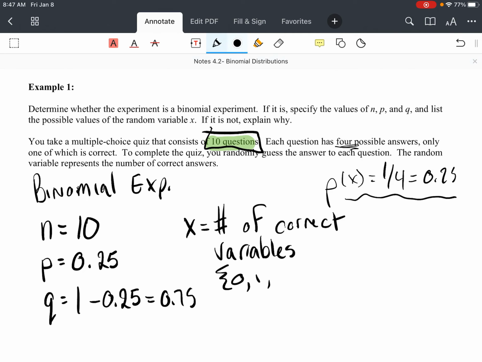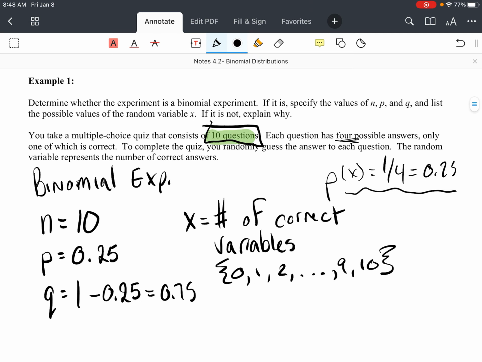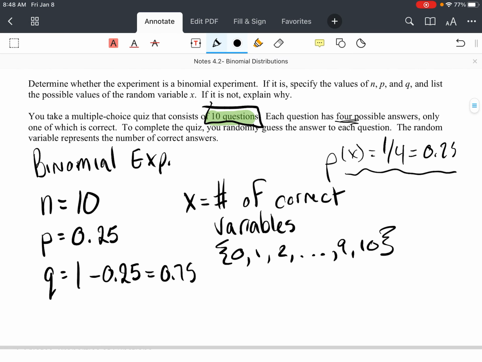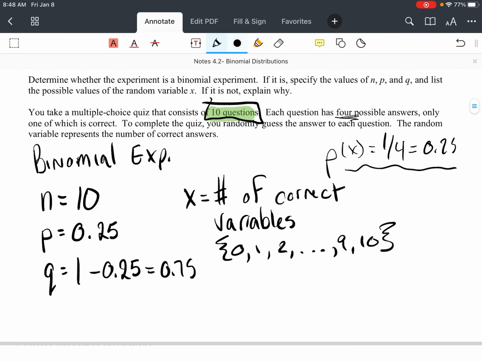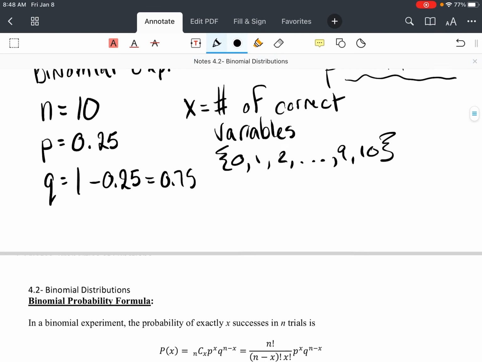So it's either you get 0 correct, 1 correct, 2 correct, and we can get all the way up to 10 answers correct. Okay, so those are my possible values for X, for getting the answers correct. So the possible ways that we can successfully answer these.